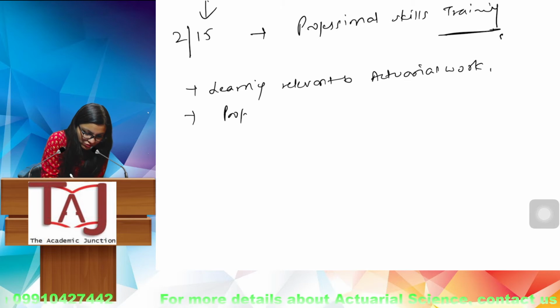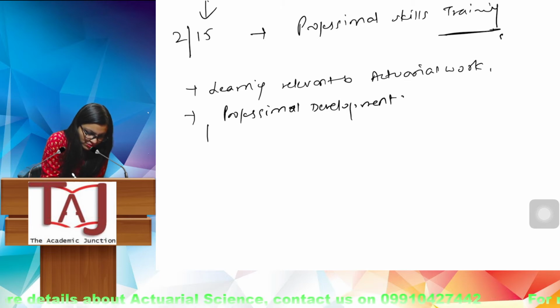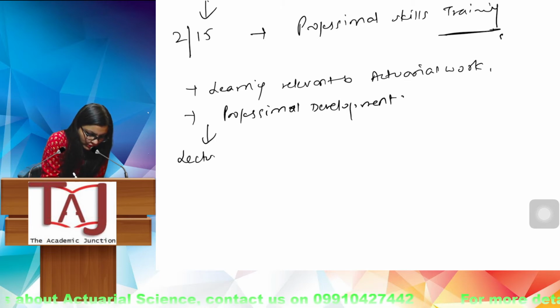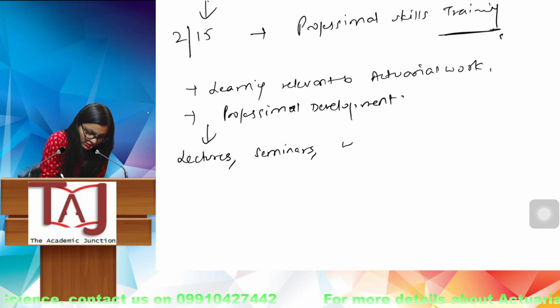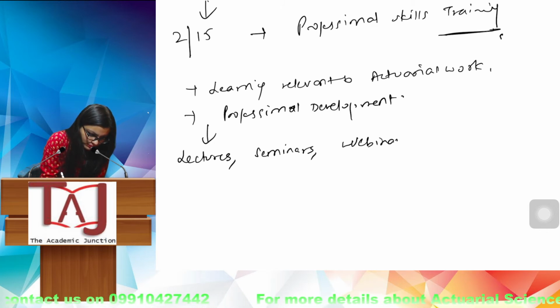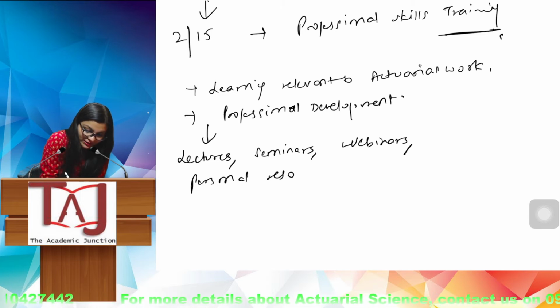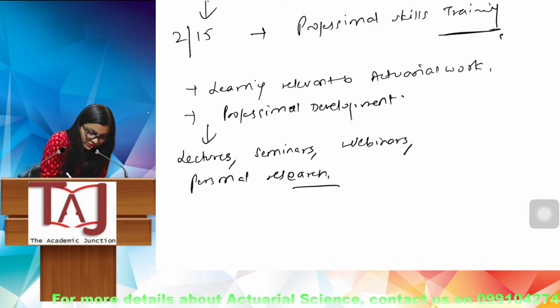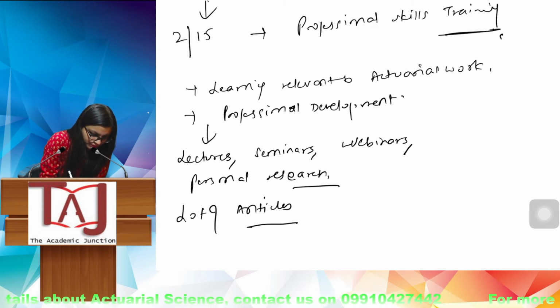Second, any professional development can become a part of your professional skills training as well. Professional development may include if you are delivering any lectures, or taking any seminars, participating in webinars, doing personal research, or writing some articles. Nowadays, a lot of articles are also included in CPD activity.